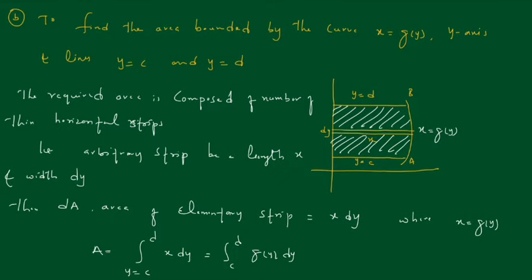By taking the strip, we find the region like this, the area under the curve. Here the curve is x equals g of y, right? So we are finding the area under the curve. Similarly, we'll take one more.